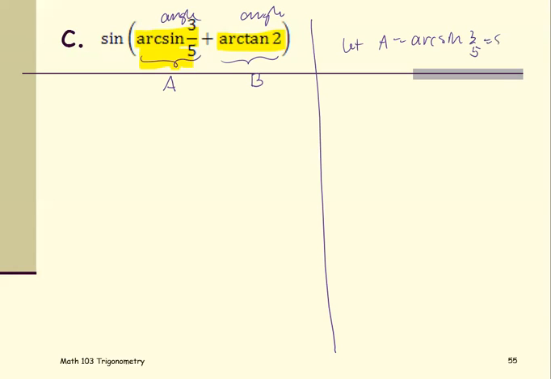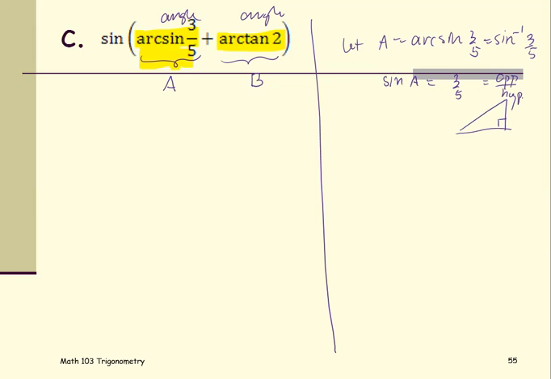On the side, let A be arcsine of 3 over 5, which is the inverse sine of 3 over 5, telling us that the sine of A equals 3 over 5, or opposite over hypotenuse from the three sides of the right triangle diagram.